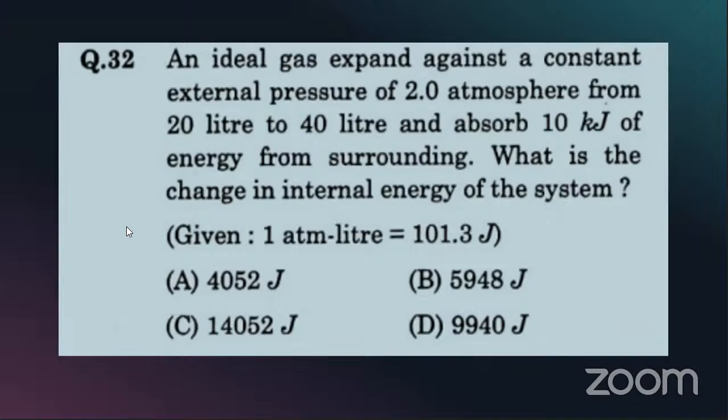Q plus W. Very good, Shreyash. Okay. So we have delta U is equals to Q plus W. What is Q? Q is the heat. How much heat is absorbed? It is 10 kilojoule. It is given in kilojoule, therefore first you'll have to convert it into joules. So 10 into 1000.